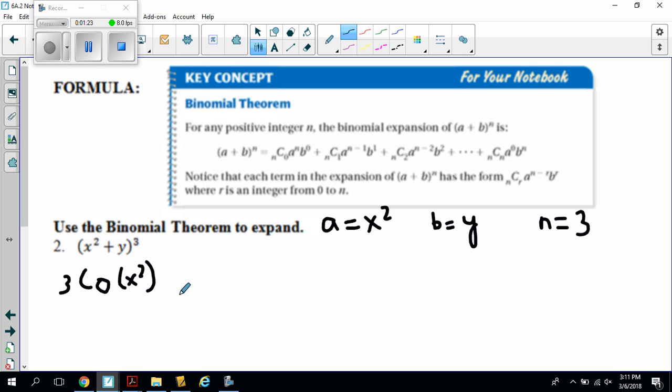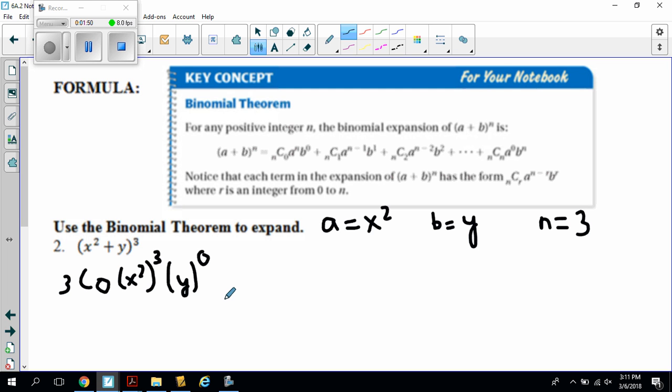Now with our a values, we always start at the biggest exponent. The biggest exponent will basically be your n value. So since x squared is our a value, we're going to use cubed because that is our biggest exponent. Now we multiply it by our b value, which is y. With our b value, we always start at the smallest exponent, and that will always be 0 in this case.